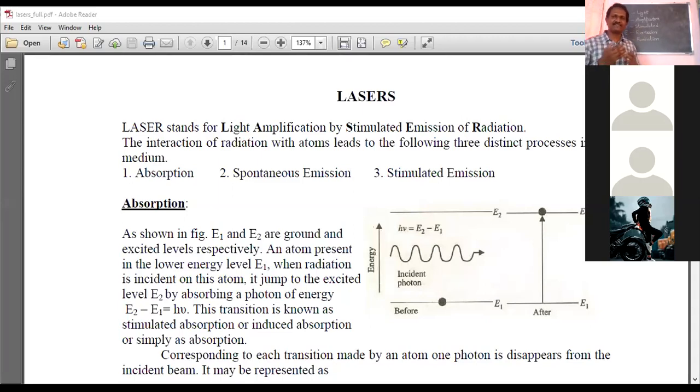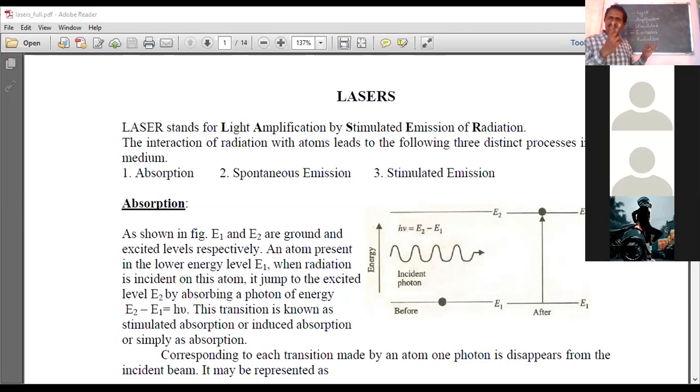Heat is transferred from one point to another with no movement of particles. If I take a small rod and heat it at one end, the other end will also be heated up. But there is no transfer of particles in the rod; the heat is transferred from one point to another. That is known as conduction.